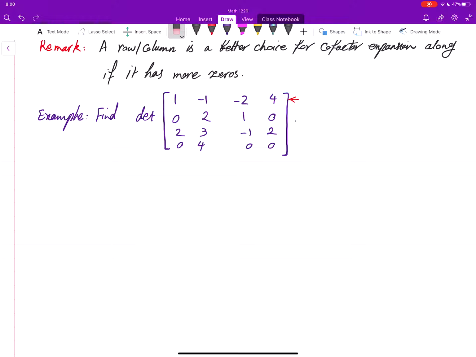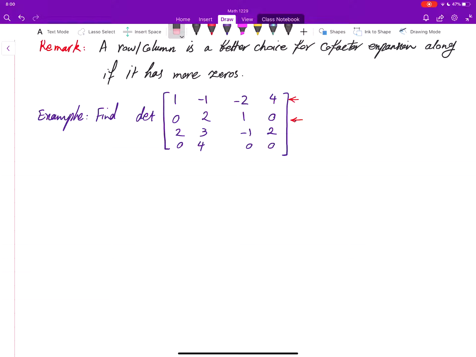Okay, then add them. If you expand along row 2, you will get, oh, 2 zeros. There are 2 zeros, so I need 2 less determinants of 3 by 3 matrices, only for these 2 entries here. Well, that's better. So definitely expansion along row 2 is better than expansion along row 1.